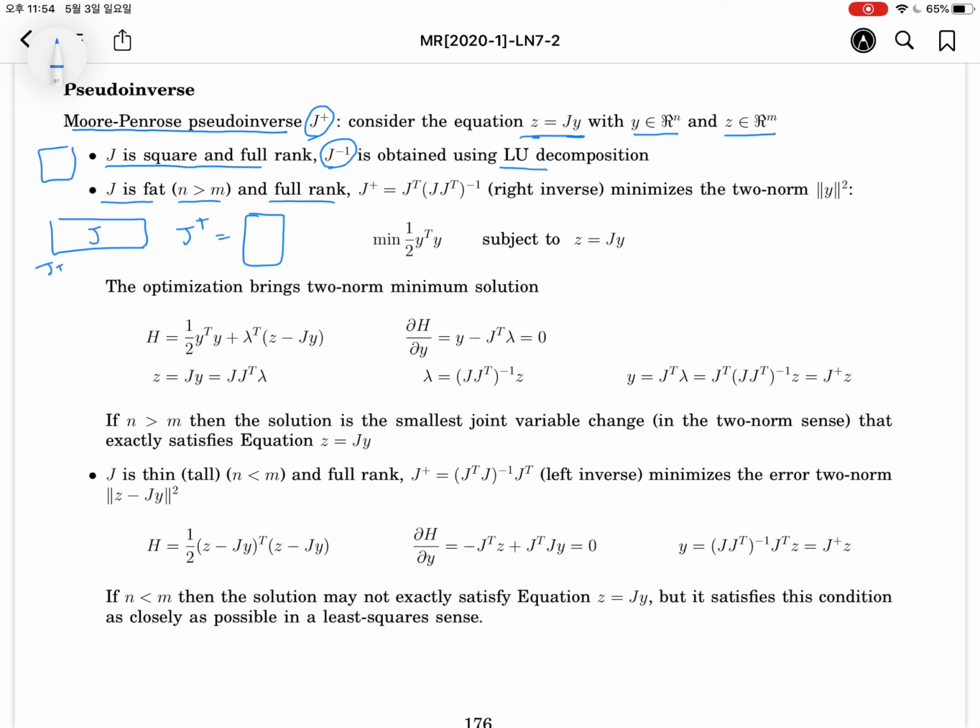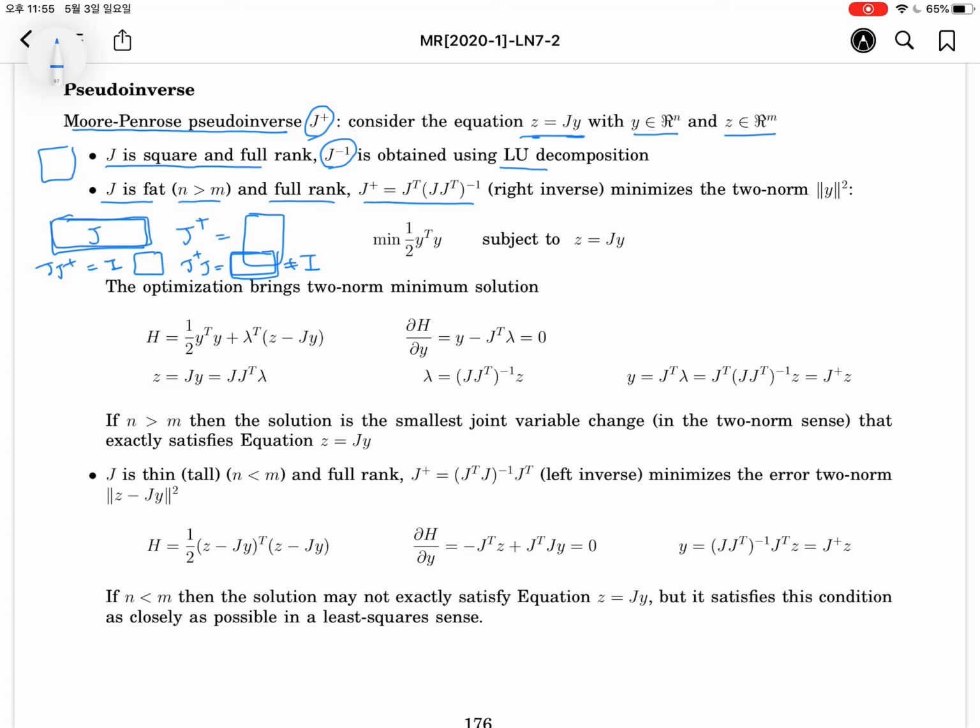Is it right? So J J pseudo should be the identity as a small size. But J pseudo J will be composed of 1 or 0 matrix as a big size, but it is not equal to the identity matrix.